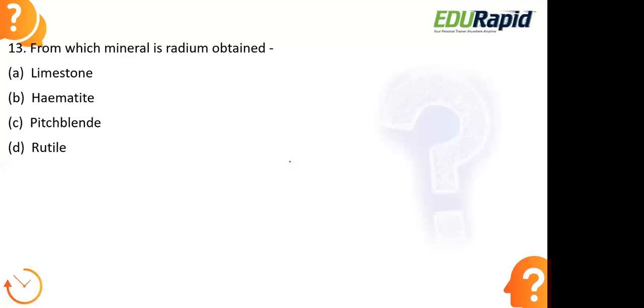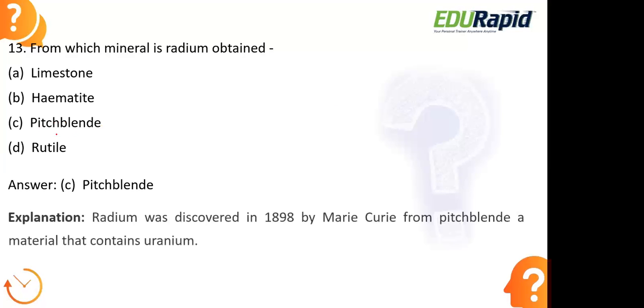Okay, now let us look at the answer. Here, out of all of these, the right option is pitchblende. Option C, pitchblende, is the one from which radium was extracted for the first time.